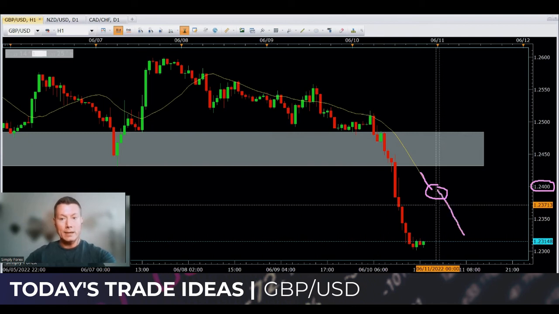We can then enter, take 80% of the trade back down to the lows and then leave 20% to run. This is an option, guys, just because this grey zone is quite far away and the daily candle is so bearish. So 2 potential ideas to short the pound US dollar.